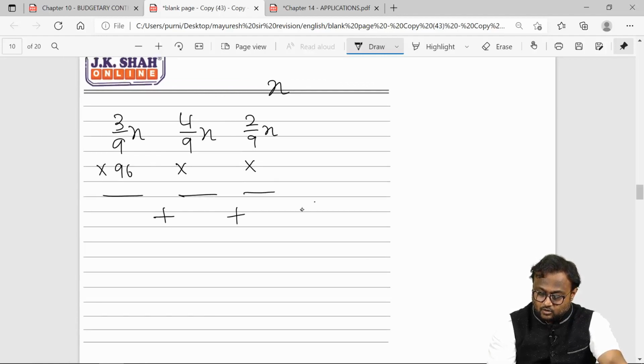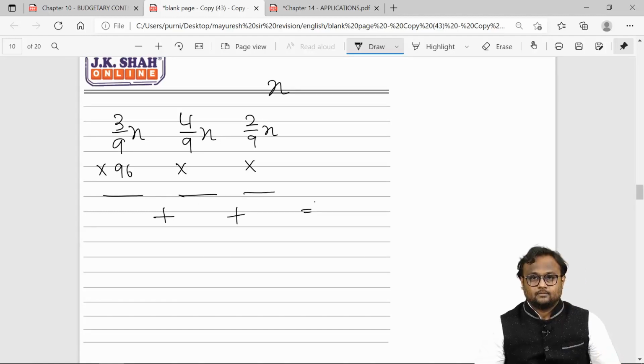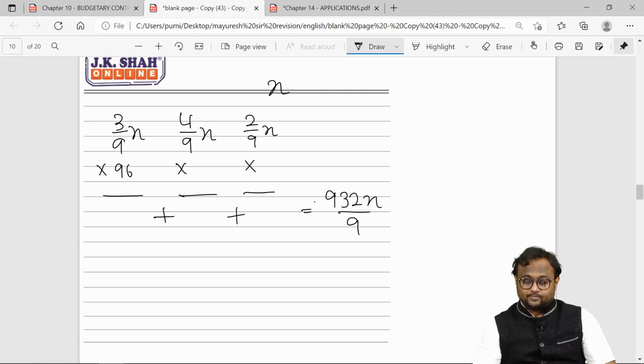If you add all three, you will get some figure. So once you do this, you will get the answer here as 932X upon 9.